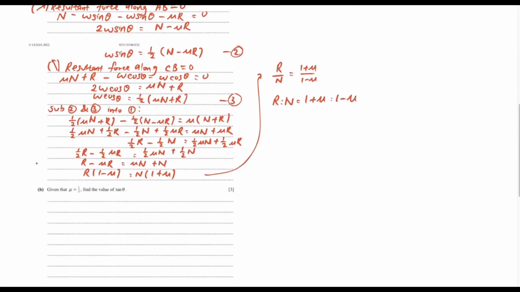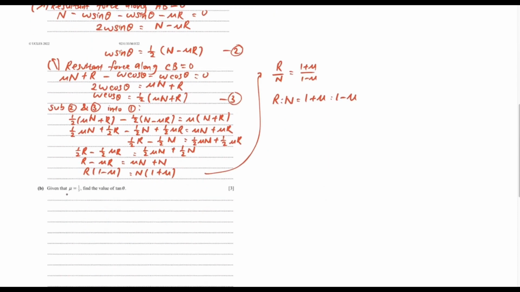Now let's see part 2, part B. Given that mu equals 1 over 3, find the value of tangent theta. When mu equals 1 over 3, it will help us to work out the ratio between R and N. So we put it inside and work it out first.